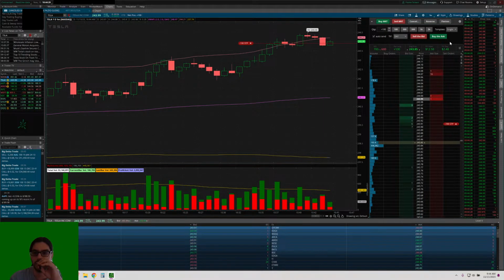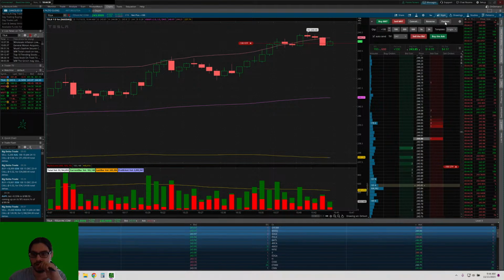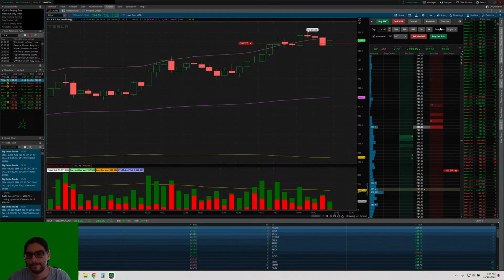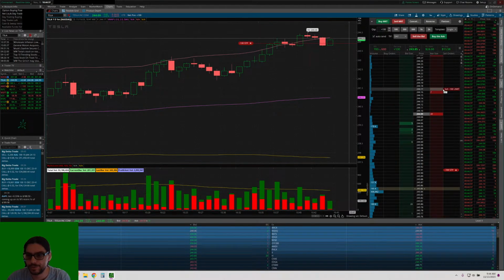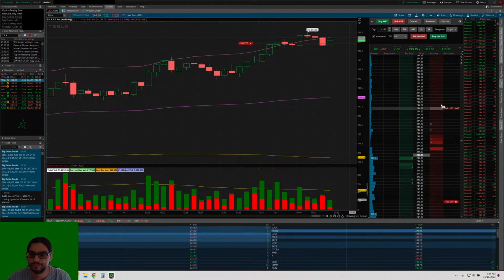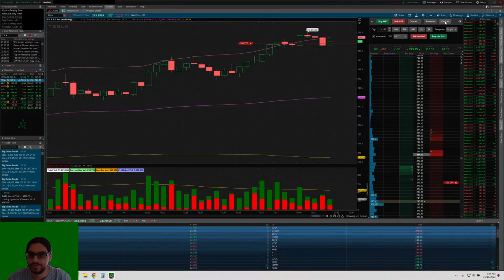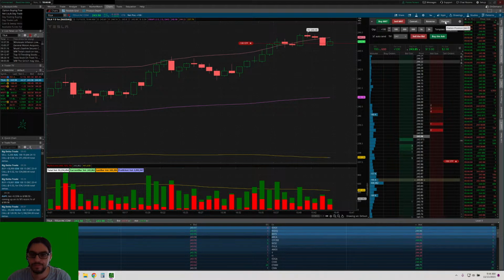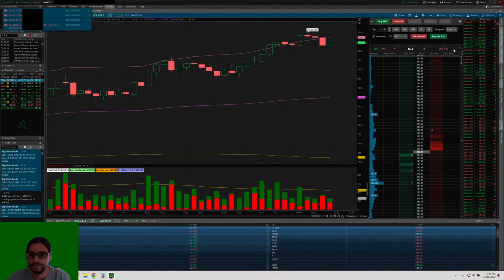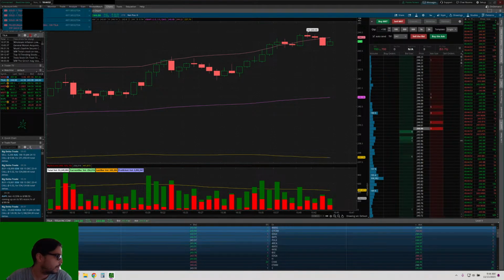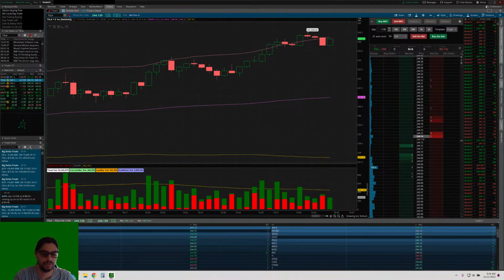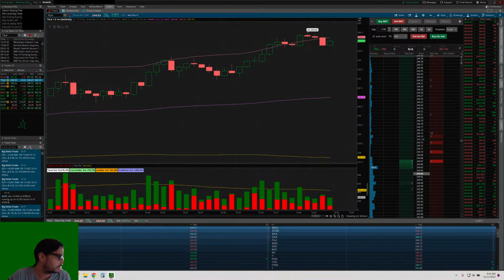Insurance. Figured that was going to be a candle retrace. I'm not gaining ground, so 71.